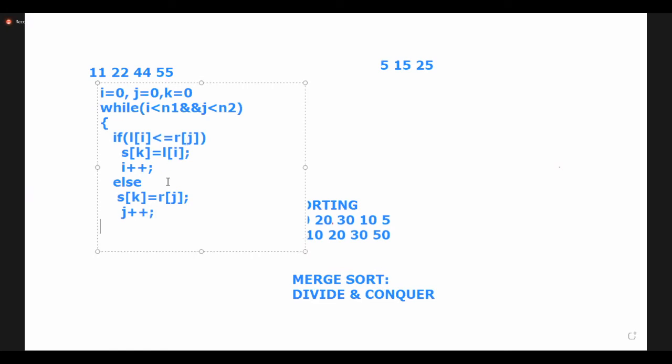Anyone is executed: either L of I less than R of J, where S of K is equal to L of I, or in the else case S of K is equal to R of J. In the first case I value is increased, in the second case J is increased. Whichever is executed, K is automatically increased: K plus plus.